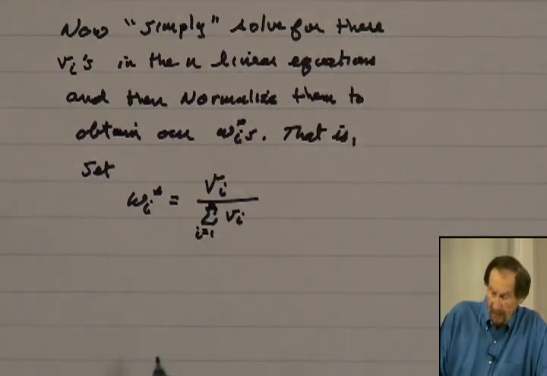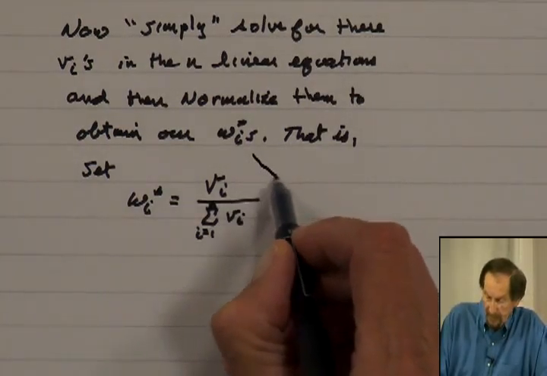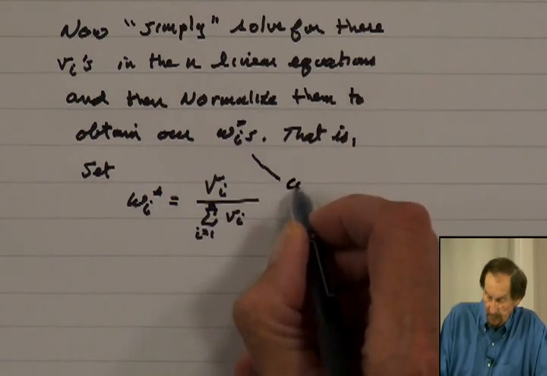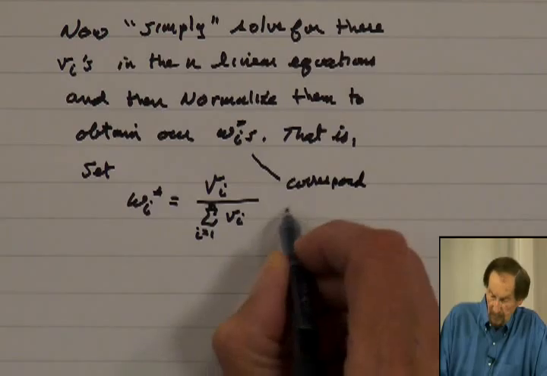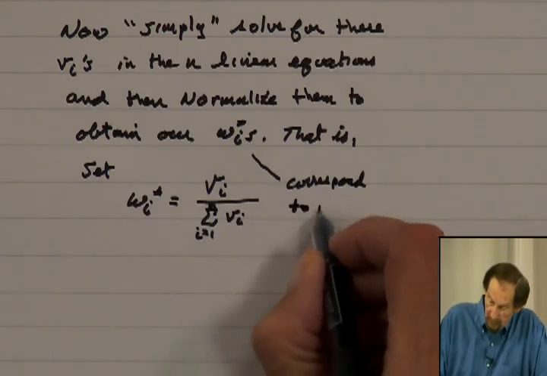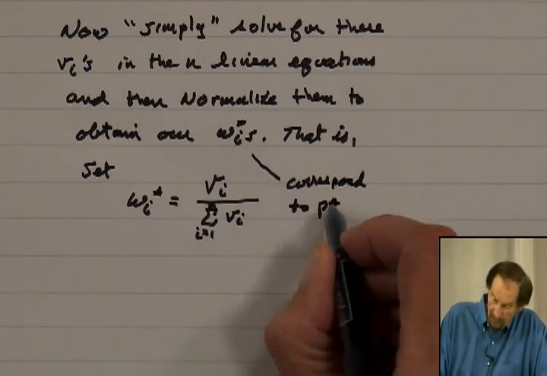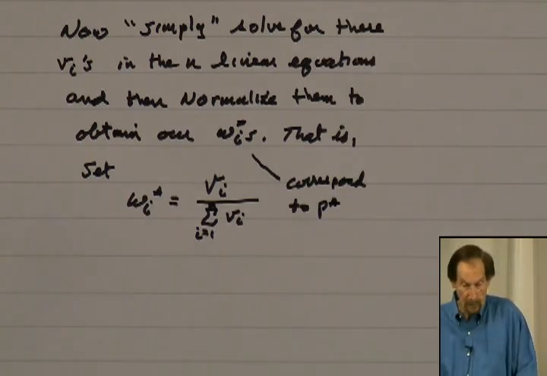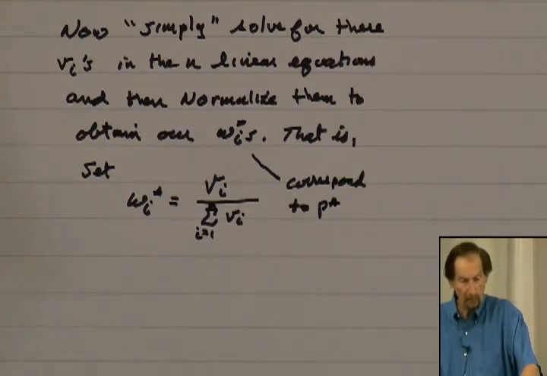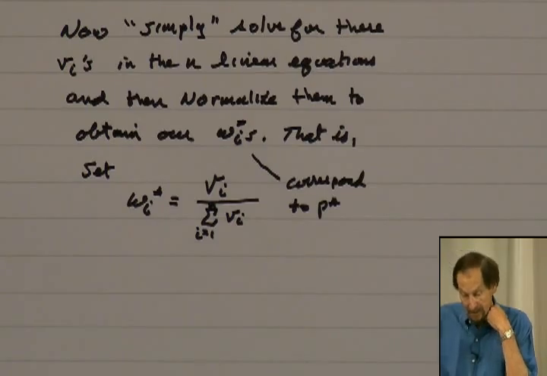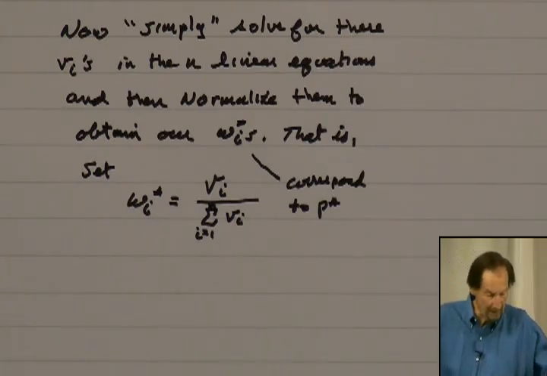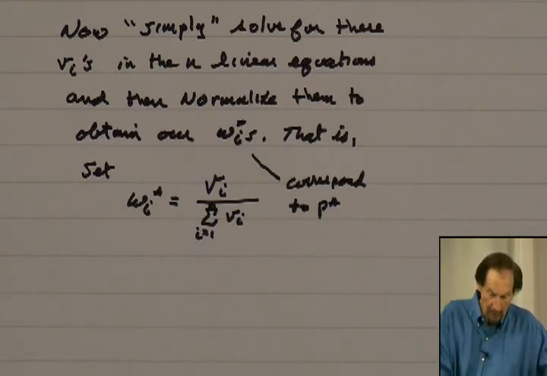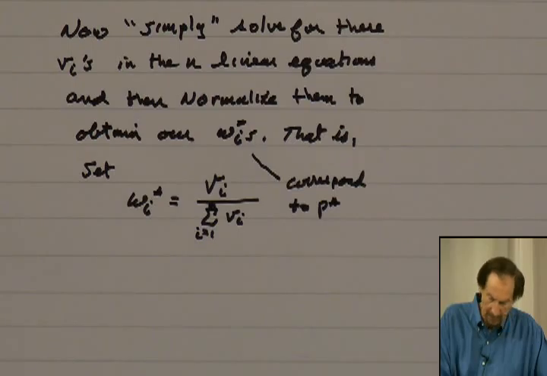And these w's correspond to our optimal portfolio. So that's how we found what proportion of each risky asset to put in the optimal portfolio. This is kind of messy. And you would never have something like this on an exam.